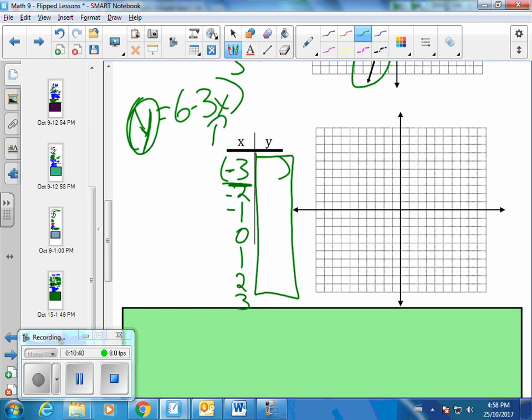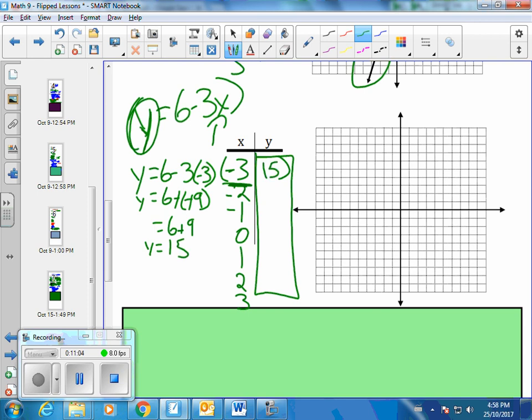So let's do a couple as an example. y is going to equal 6 minus 3 times -3. y equals 6 minus -9. Those become positive. 6 plus 9. y equals 15.